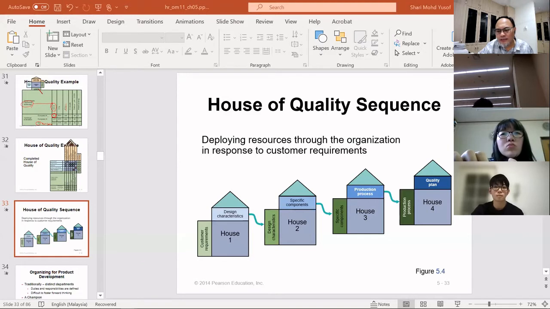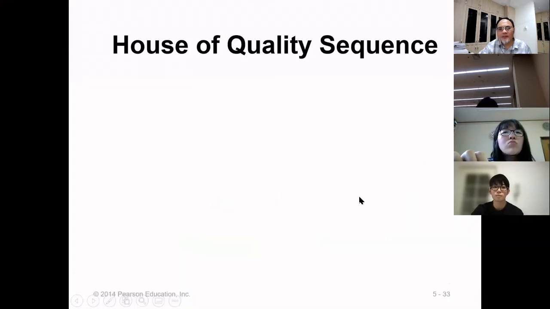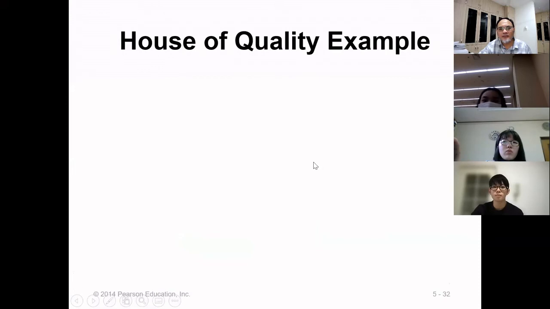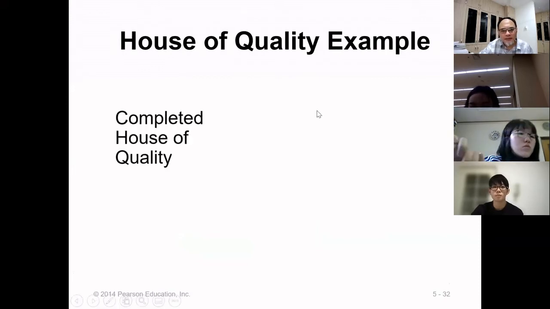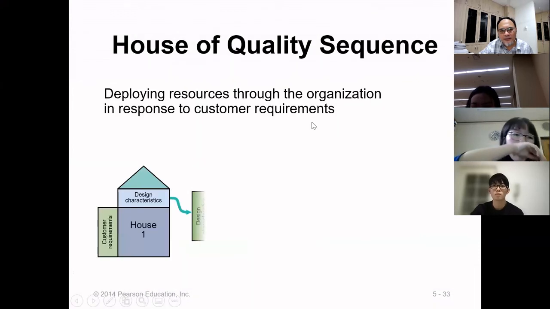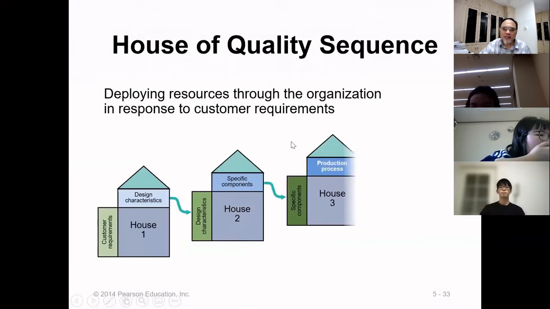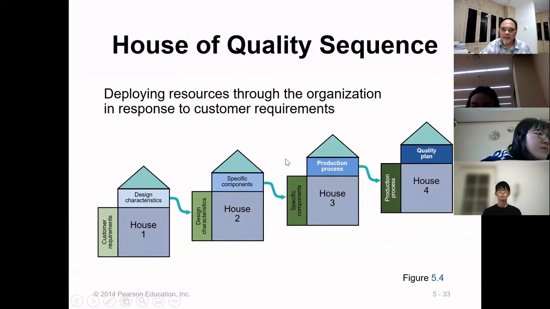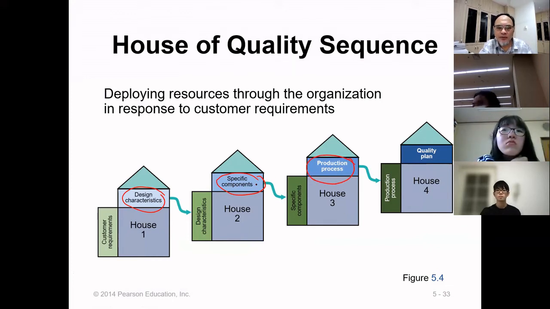So the house of quality actually has a sequence. Okay, they have sequence means in actual case we can cascade down. Cascade means you move from one stage to another stage, from design and then specific components, production process, and quality plan.